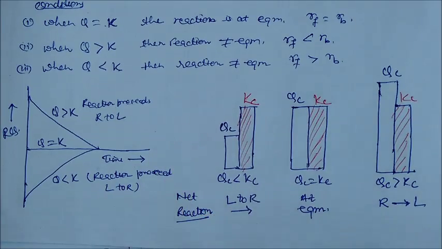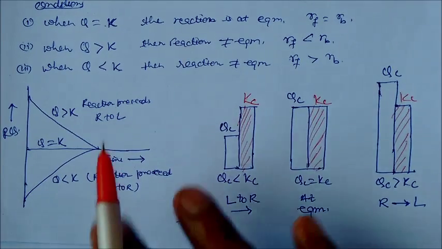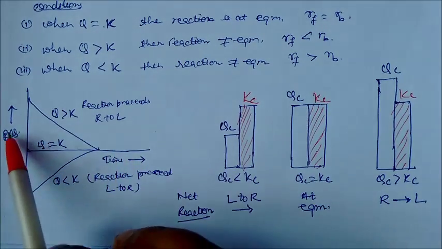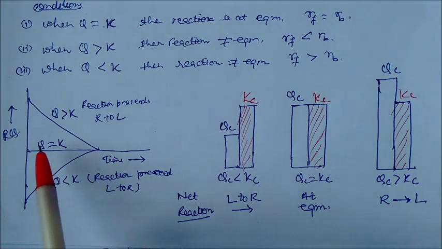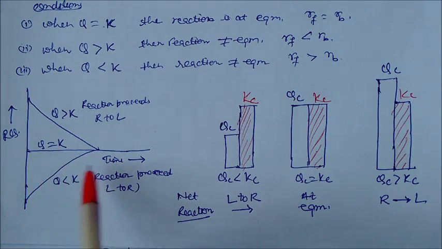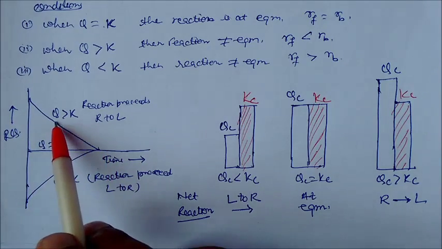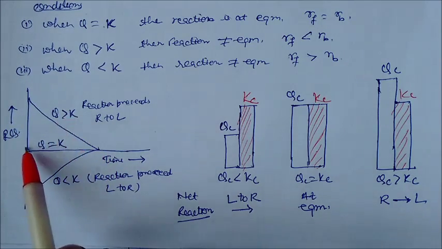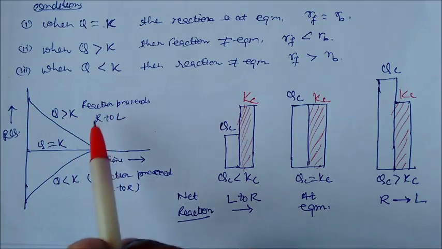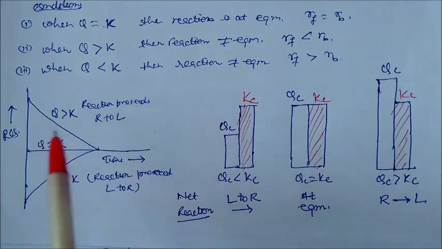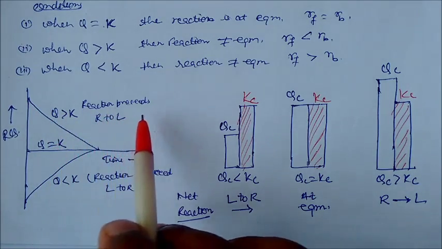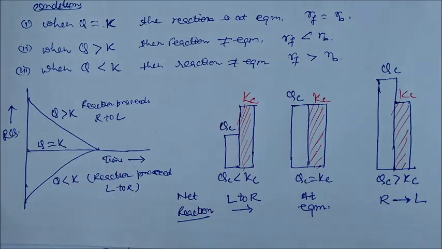I have drawn a diagram also, from which you can easily understand. This is the reaction quotient and this is time. If Q is equal to K, this is equilibrium. But if Q is greater than K, the reaction will proceed from right to left, meaning reactant formation is favored, so the backward reaction occurs.